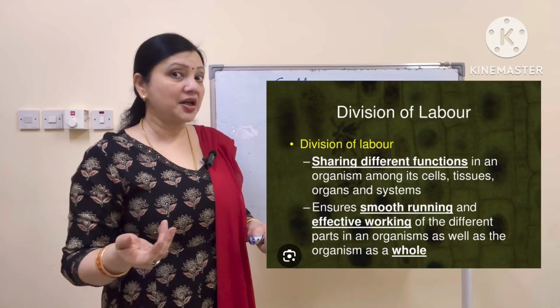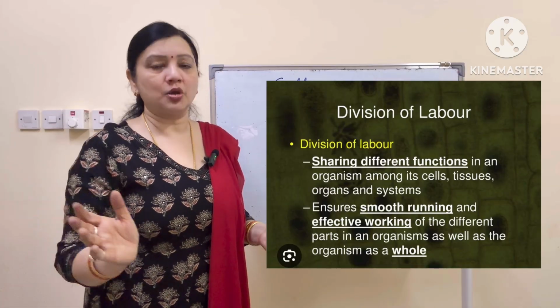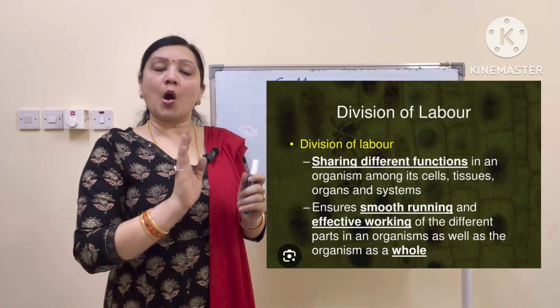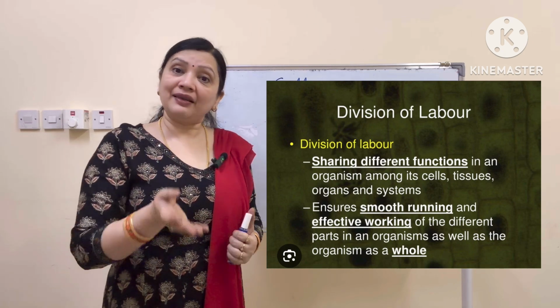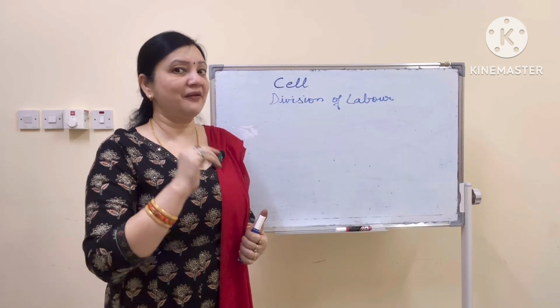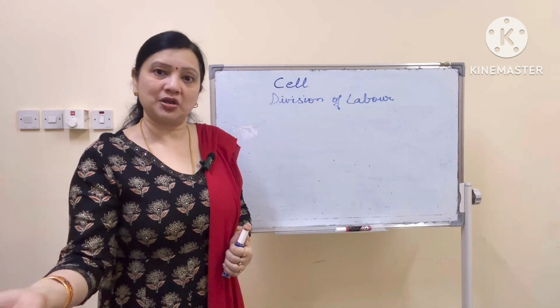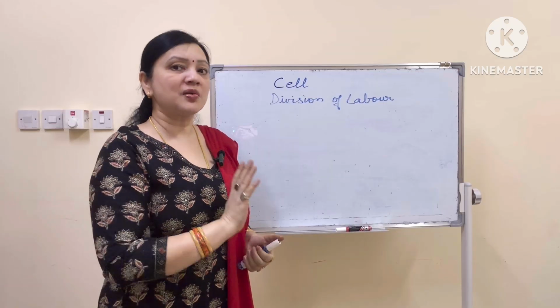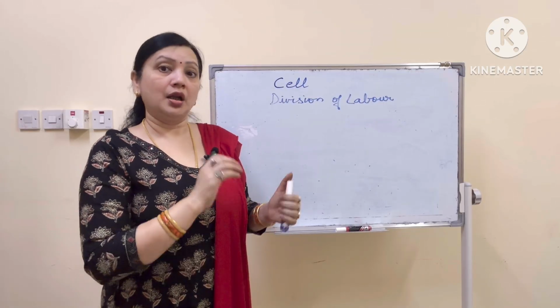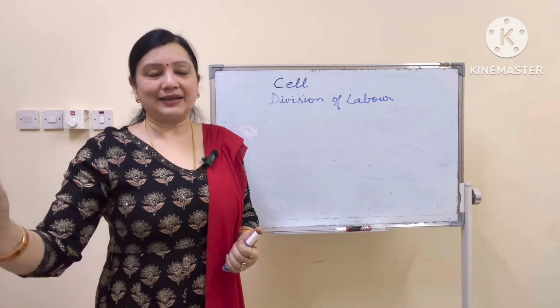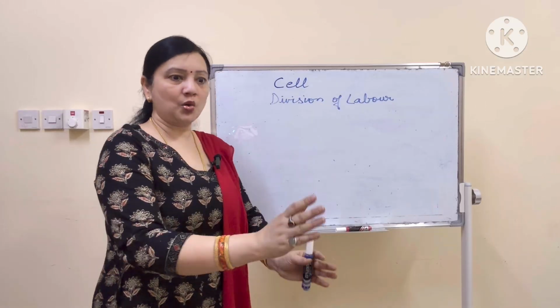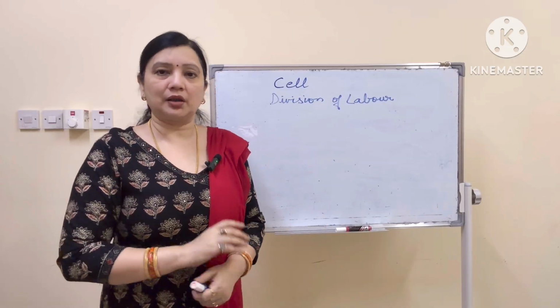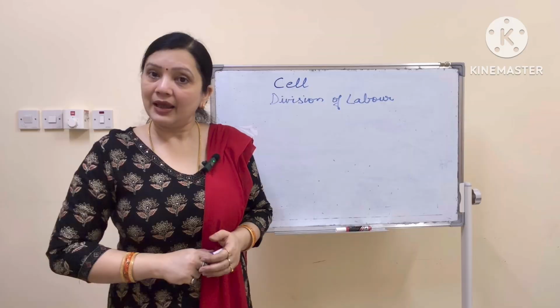Or will your heart ever do the work of your kidneys? No. Their functions are already decided and they stick to their function. Whatever function is done by one particular organ, it will not be done by another organ. There are markings that you have to do this work, you have to do this work. This is what is called division of labor.